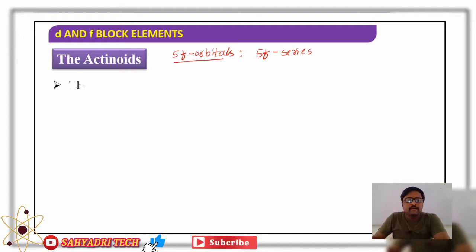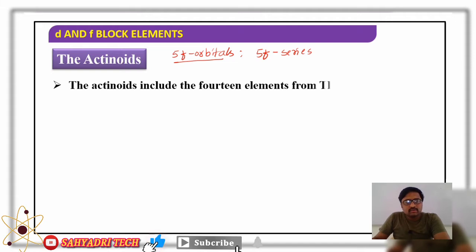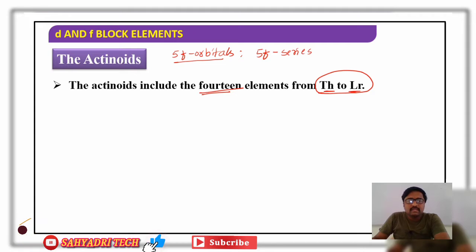Now, how many elements do the actinides include? 14 elements, from thorium to lawrencium. Thorium Th, lawrencium Lr. Then what about the first member, actinium?